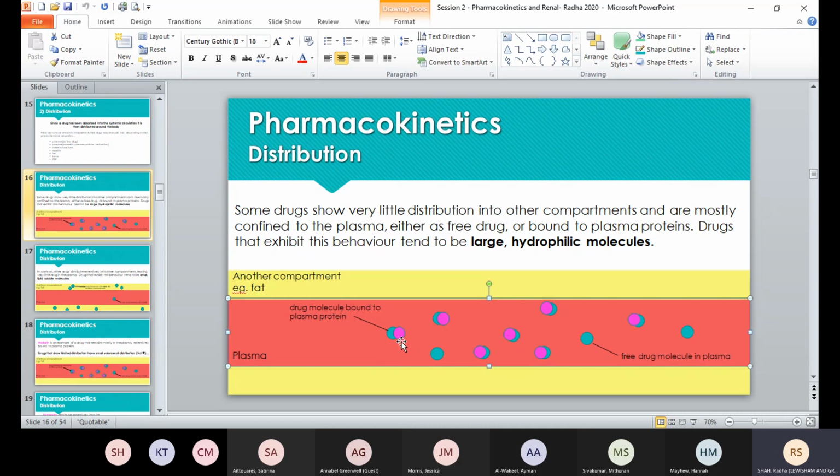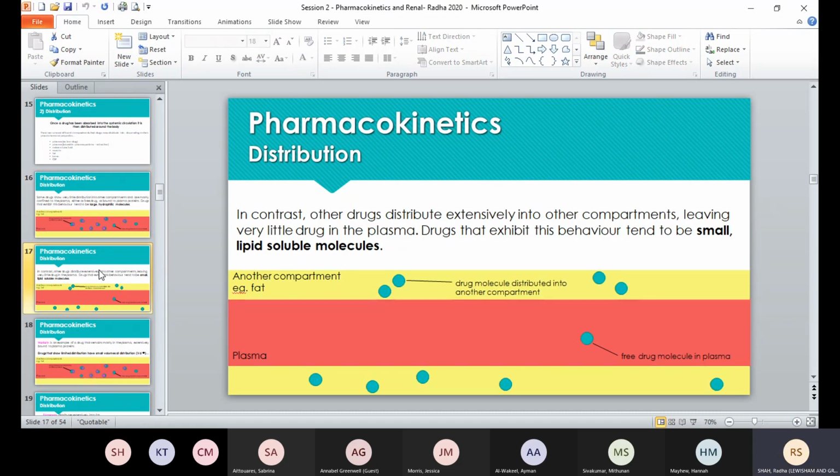If the blue and purple are together, that means the drug is bound to the plasma protein. Drugs that exhibit this behavior tend to be quite large and hydrophilic, which means water-loving, and that's why they like the plasma.